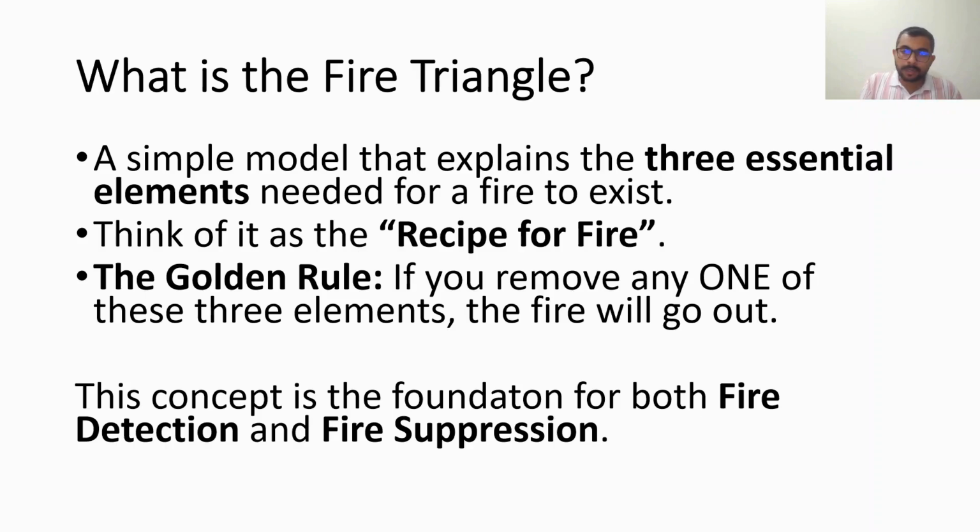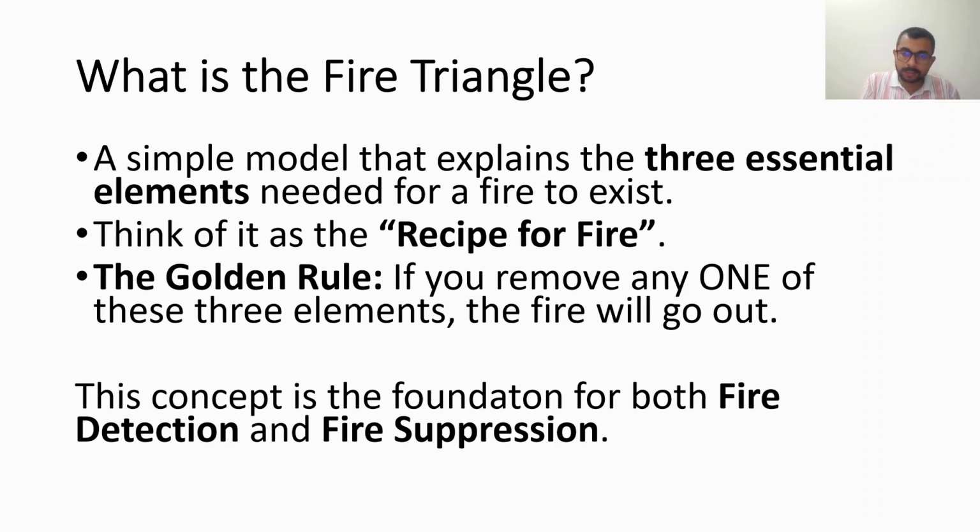So the fire triangle is basically a recipe for fire. It tells us what ingredients are required in order to make a fire. The golden rule for a fire triangle is that if you remove any one of the elements, the fire will be extinguished.